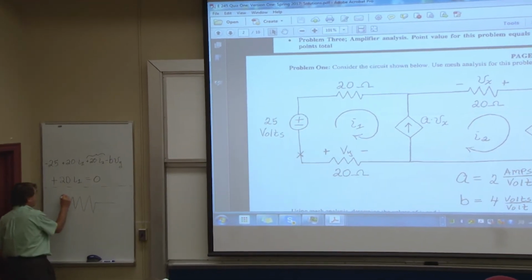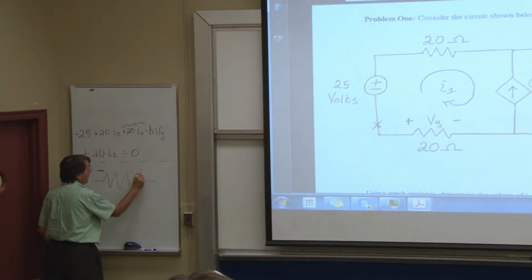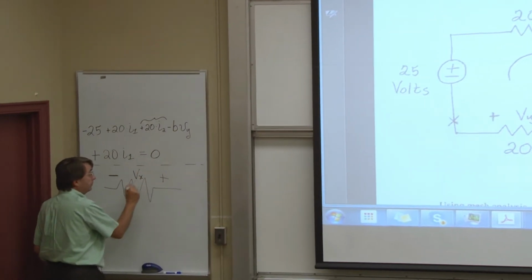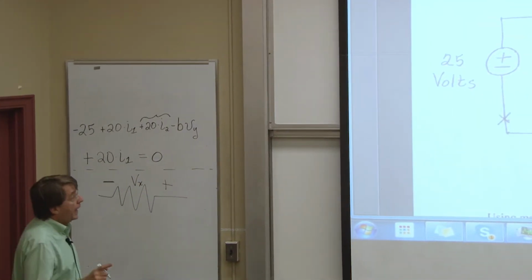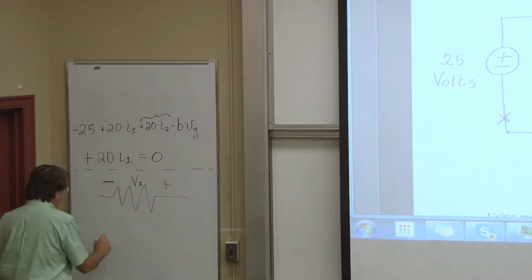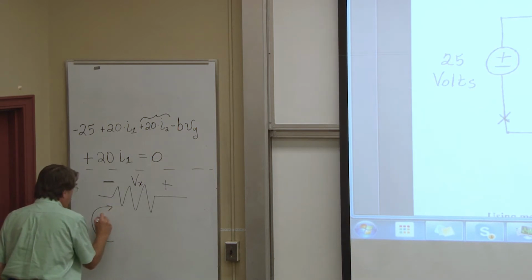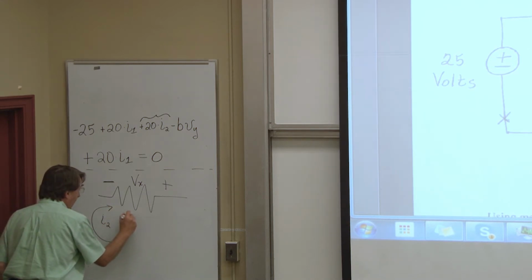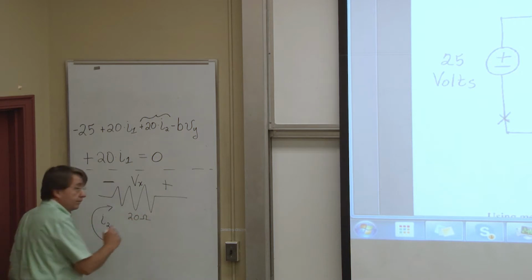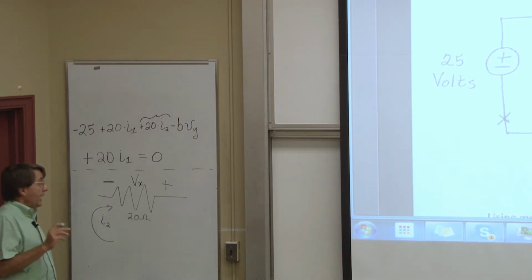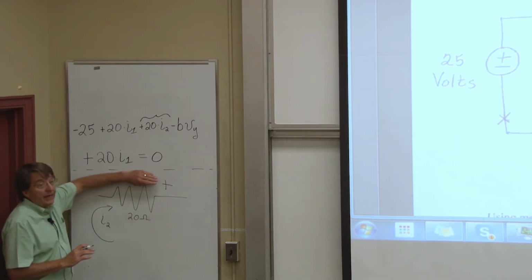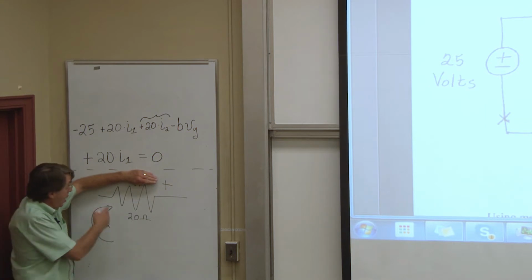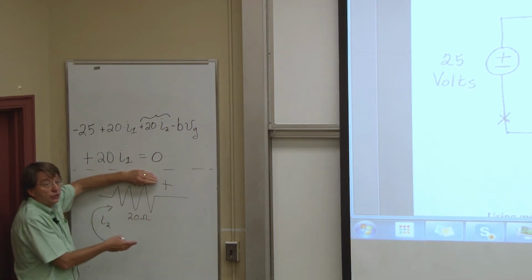We have this resistor. This is minus plus Vx. Now, help me out. I2 is going in this direction, and this is 20 ohms. If I were to, for the moment, hide Vx and ask what is the voltage across this resistor?